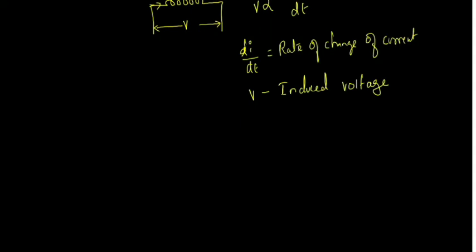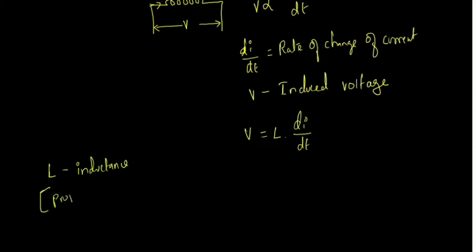Since V is proportional to di by dt, we have to remove the proportional symbol by multiplying a proportionality constant. So V is equal to L di by dt. L is the proportionality constant and the symbol of inductance.